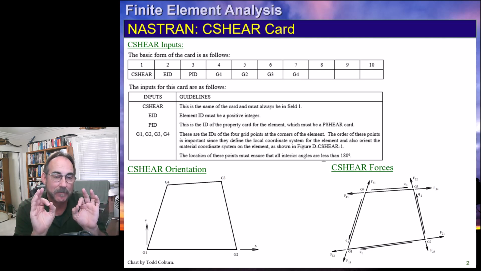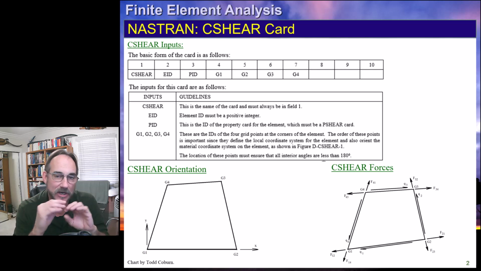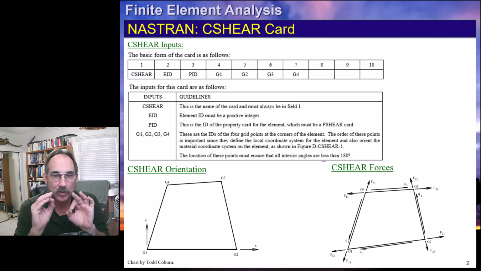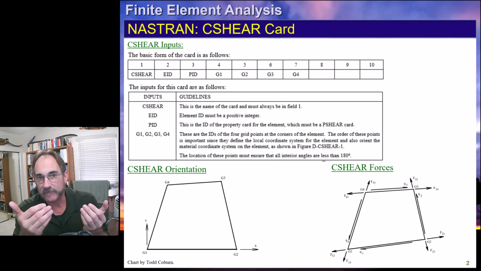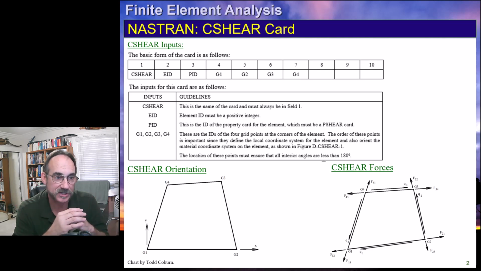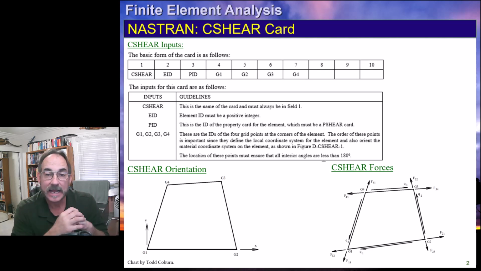And the way NASTRAN models this is by introducing corner forces. The corner forces here are shown, and they're numbered by the grid point that they're at and the grid point where the force is coming from. So as you can see at grid point 1, we have two forces. We have the force at node 1 coming from node 4, that's F14, and we have the force at node 1 coming from node 2, that's F12.